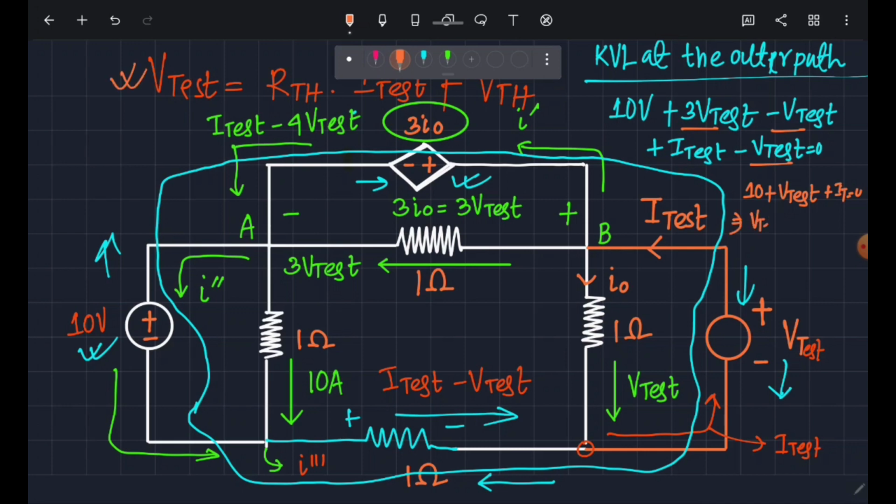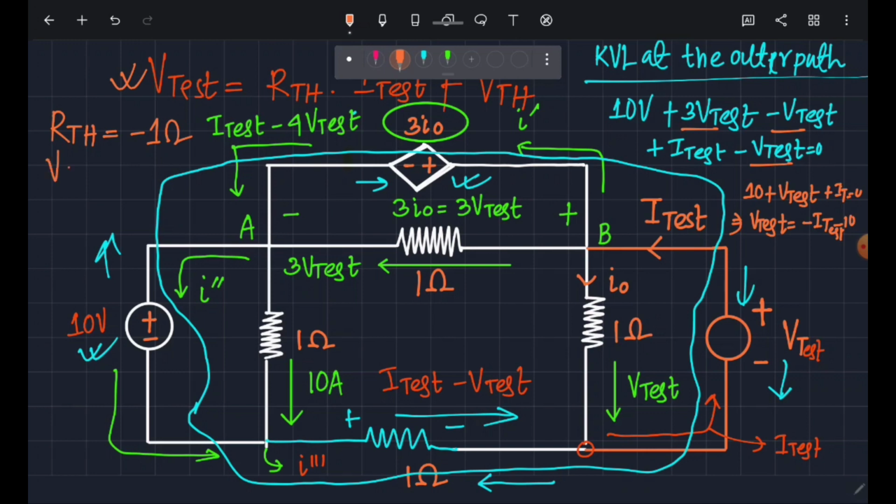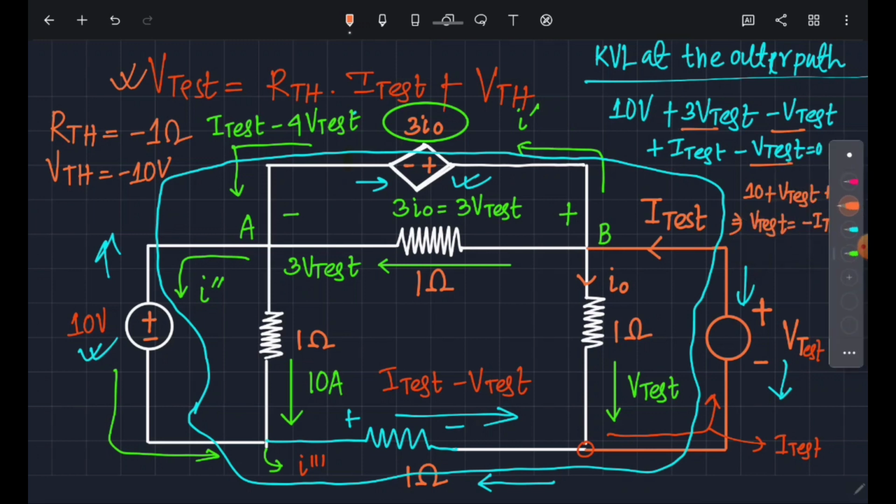This will be V test equals I test minus 10. So from here we can see that RTH is nothing but minus 1 ohm and VTH is equal to minus 10 volts.